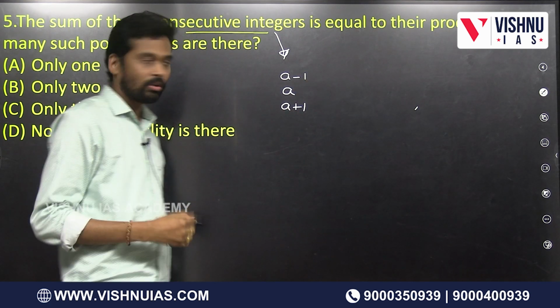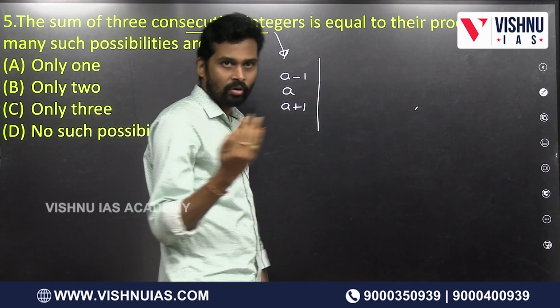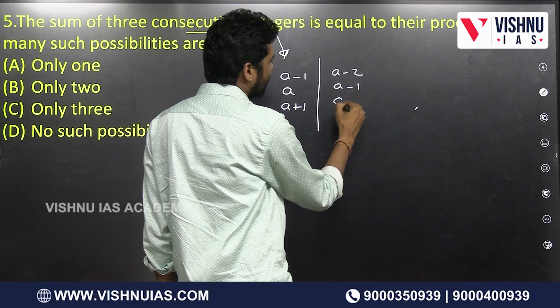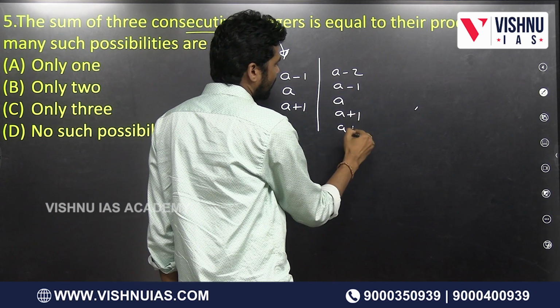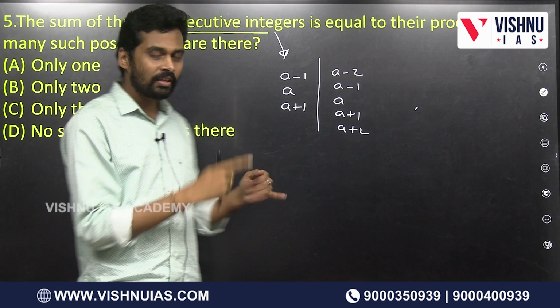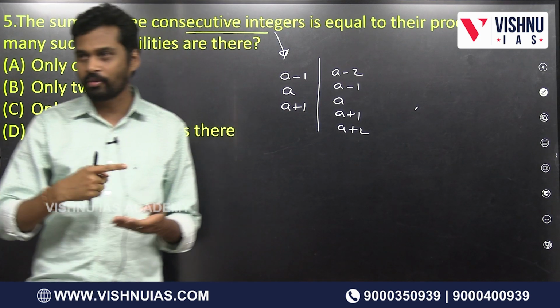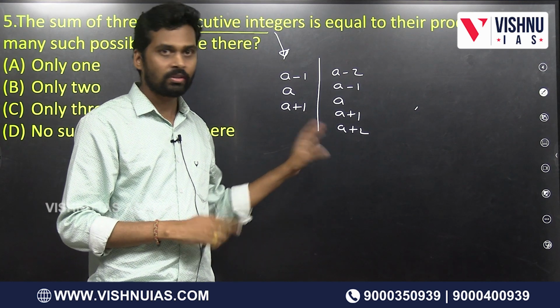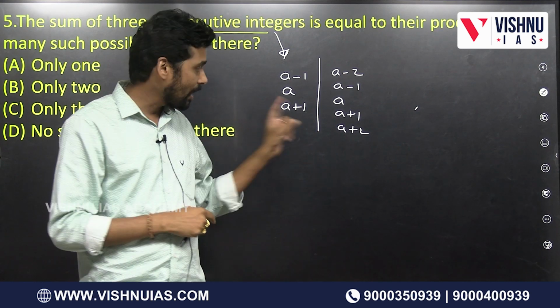If you were to consider five numbers, you consider a minus 2, a minus 1, a, a plus 1, a plus 2. You can also consider a, a plus 1, a plus 2, a plus 3, a plus 4. But why are we considering it this way? Both of them are correct.